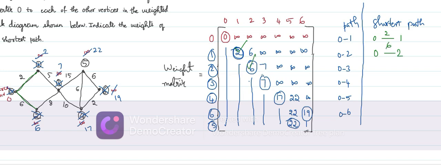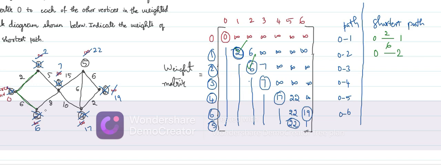And from 0 to 3, the shortest path weightage must be 7. So here this is 0 and this is 3. So either we can go like this, 0 to 1 and 1 to 3, that is 2 plus 5, 7, or we can go like this, 0 to 2 and 2 to 3, so 6 plus 8, 14.